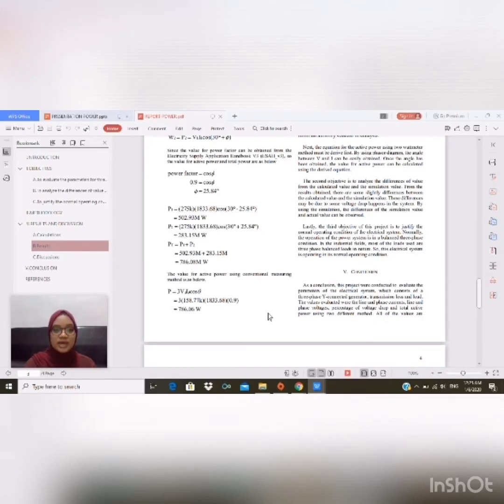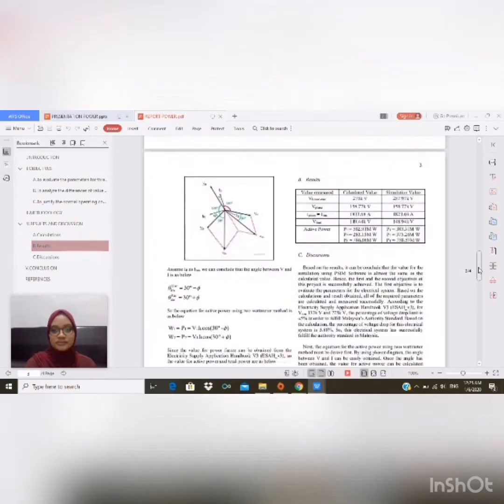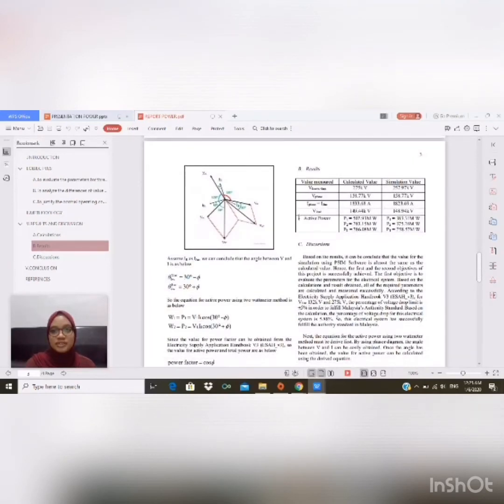If we use the conventional measurement method, which is this equation, 3 V phase I phase cos theta, and cos theta is simply substituted by the power factor of 0.9, we get almost the same answer, which is 786.06 megawatt.